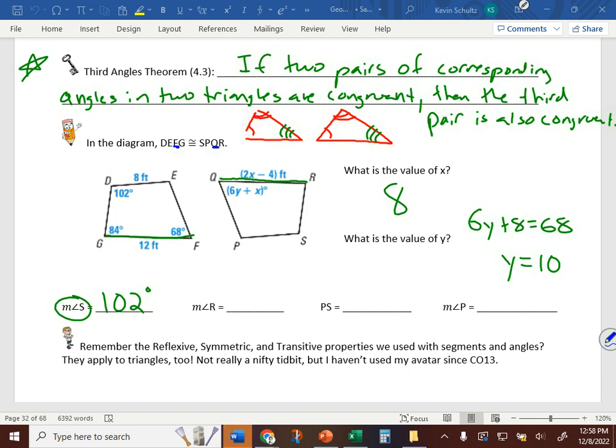What is the measure of angle R? Quickly, anybody? 84. Angle R corresponds with G. Side PS. Thank you. Side PS is 8, corresponds with side DE. And angle P. Folks, raise your hand.